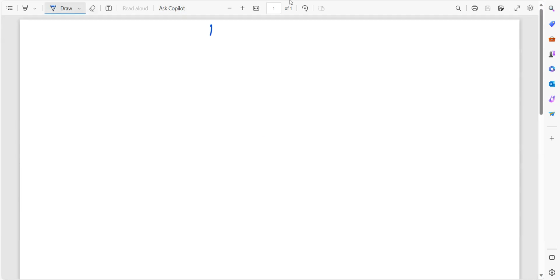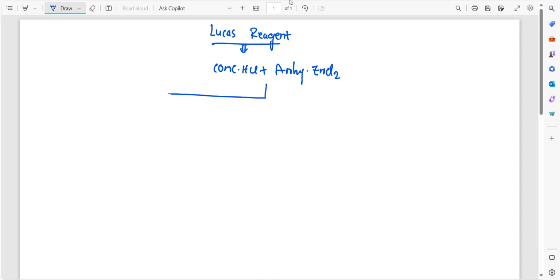Here is the Lucas reagent, which means concentrated HCl plus anhydrous ZnCl2.